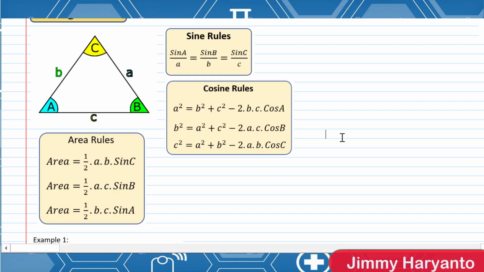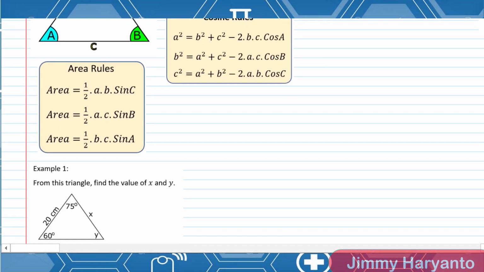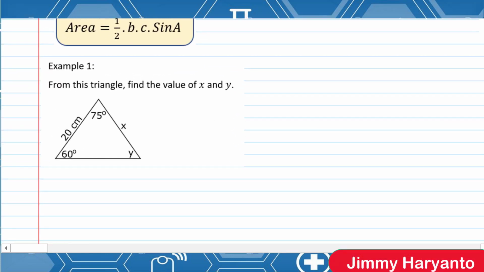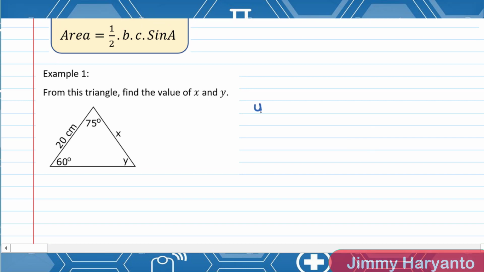Okay, next is example 1. From this triangle, find the value of x and y. For this, we have two angles, so we can easily find y first. To find y, it will be 180 degrees minus 75 degrees minus 60 degrees.